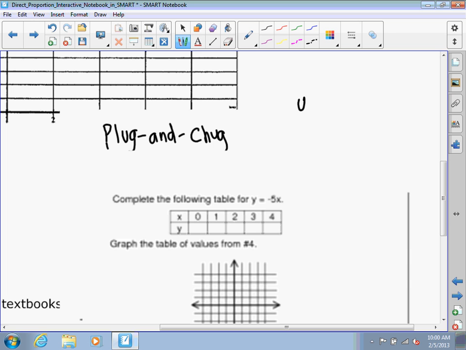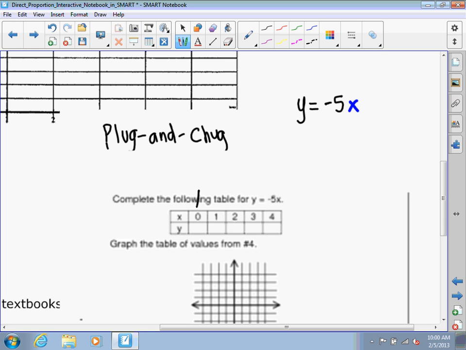So y is equal to negative 5, and use a colored pencil to put the x, because the x is what is going to change. That negative 5 is our constant. It stays. That is negative 5 times x.